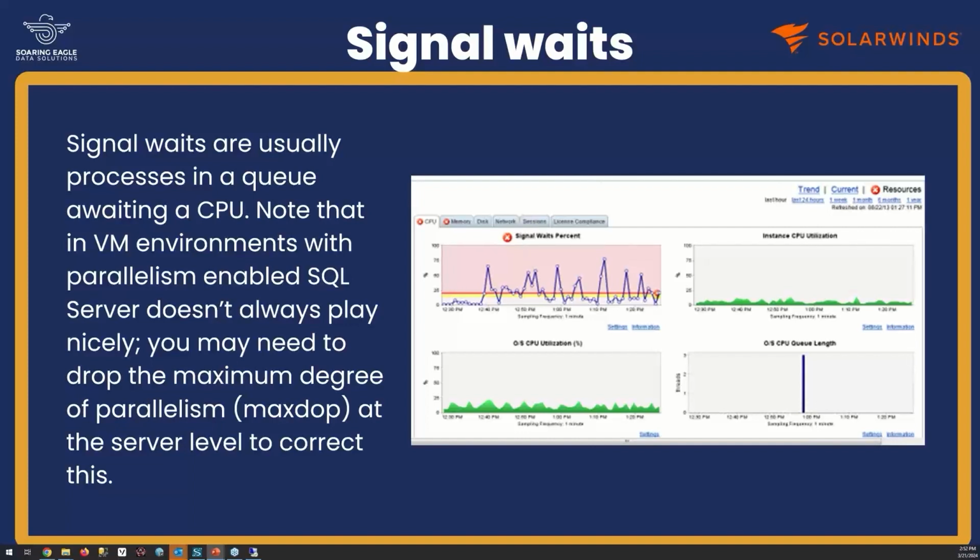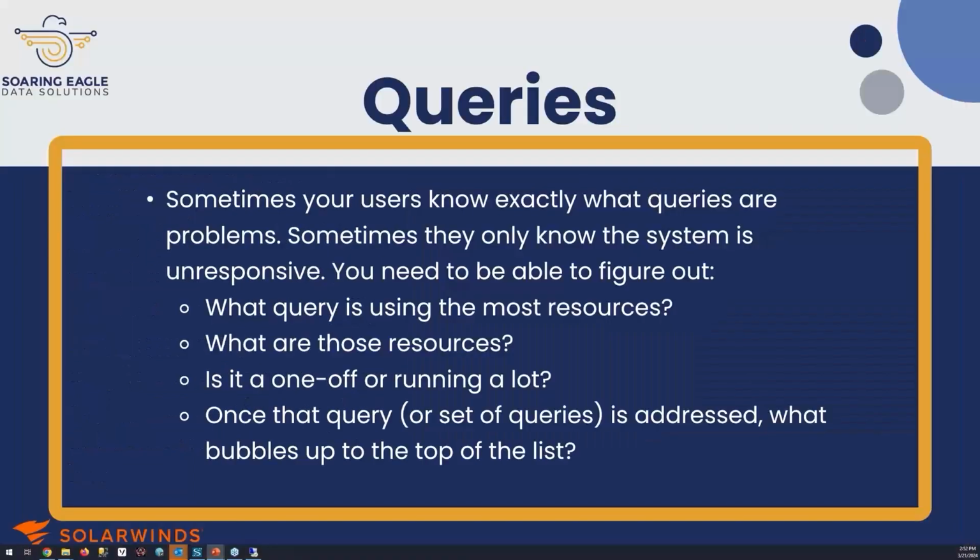This is an indicator to drop your max DOP. But we found a really cool one about 2-3 months ago, where we dropped the max DOP down to 1, which is, hey, you can only get one anyway. We were still experiencing signal waits percentage, and we were able to use that as a smoking gun to figure out that the virtual machine had not been configured properly, and it was not able to get to the CPUs that it wanted.